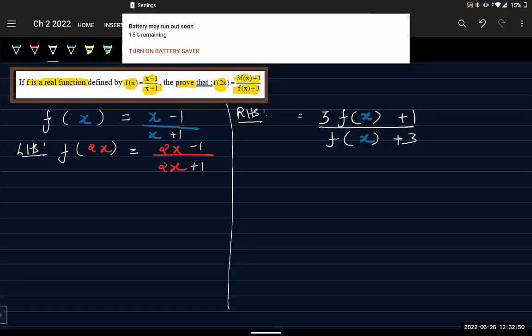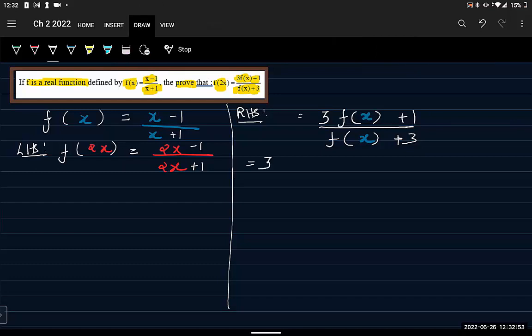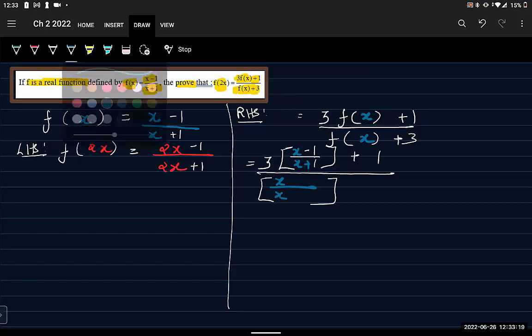So first 3 would remain as it is. I will substitute the value of f of x, which is x minus 1 upon x plus 1 plus 1, of course, upon f of x. Again, I will substitute x minus 1 upon x plus 1 plus 3.